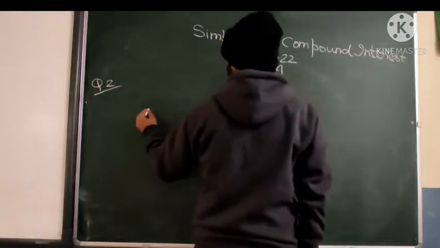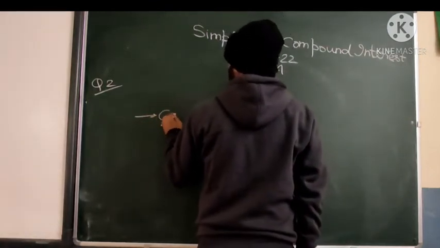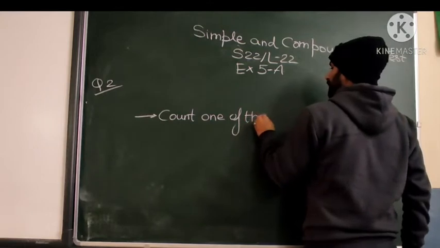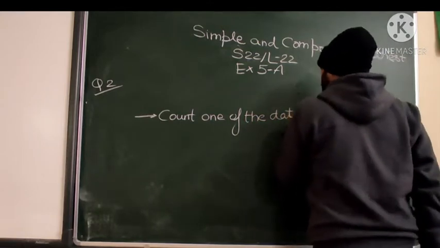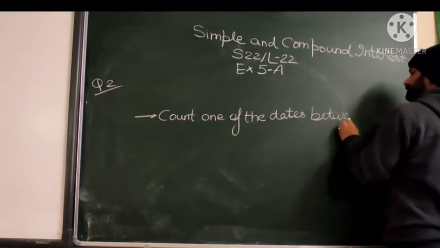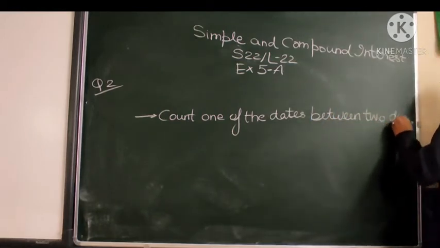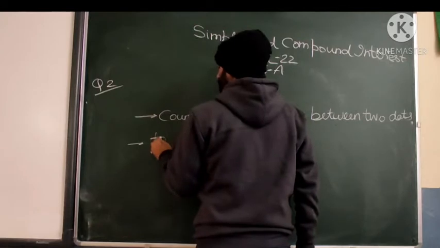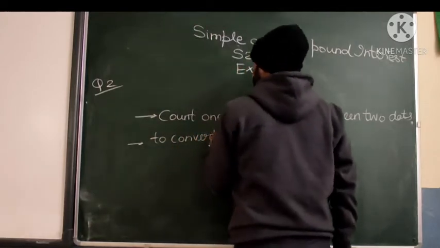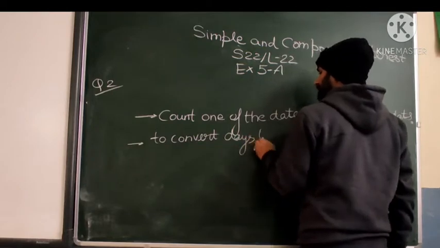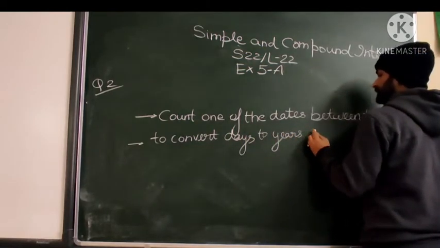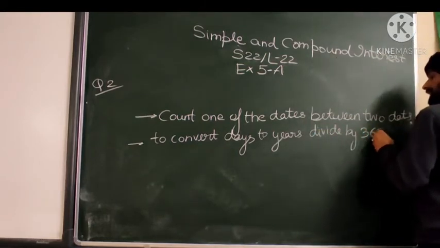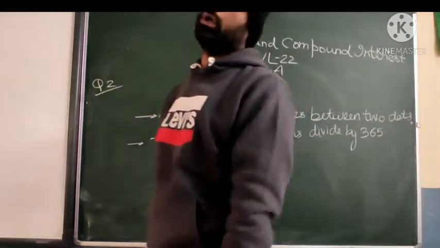First precaution is to count one of the dates between two dates, and second is to convert days to years, divide by 365. Now see, this thumb rule has to be followed always and forever.